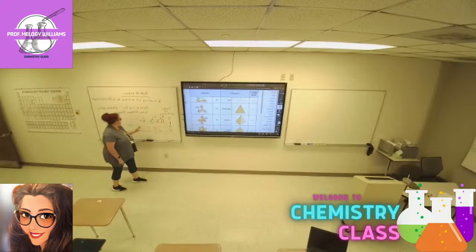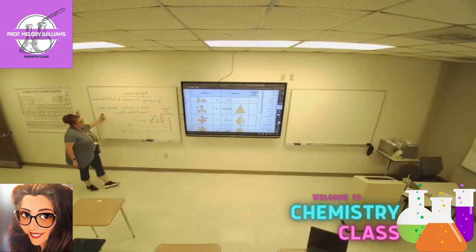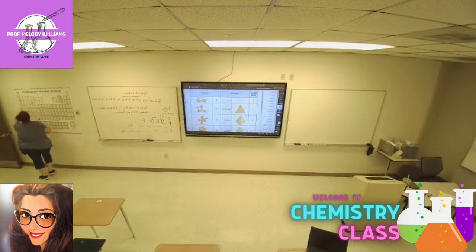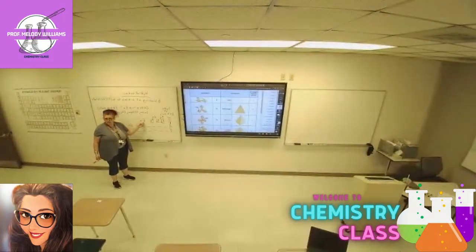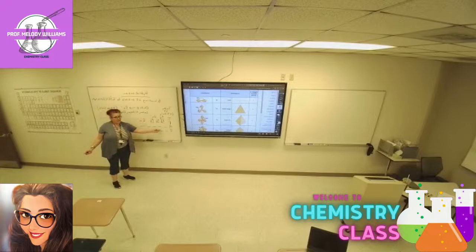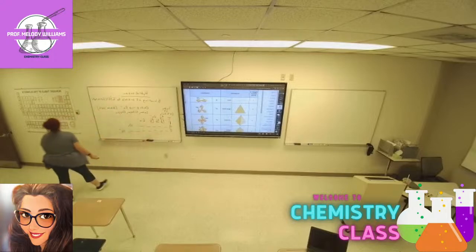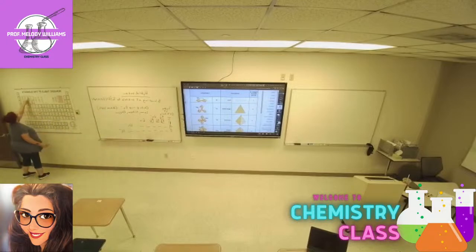So, in order to get to that full set of 8, if I have elements over here that are in that P block, its valence shell is P, it can only hold 6 electrons. Where am I going to get those other 2? Well, I could go this route, but these are where the d orbitals are.